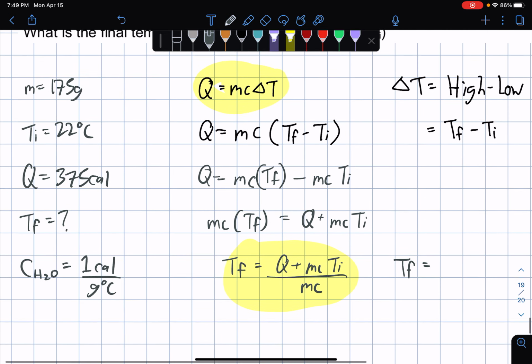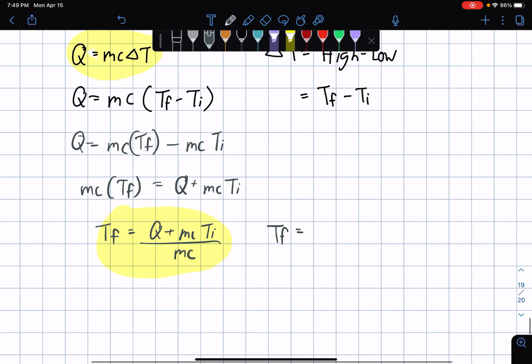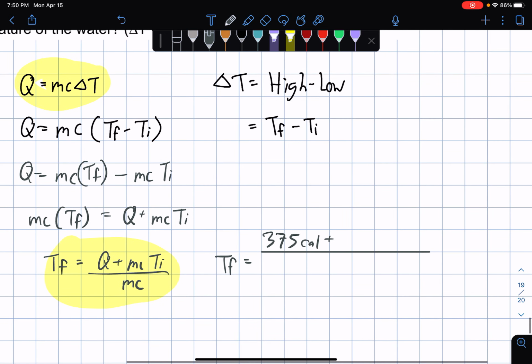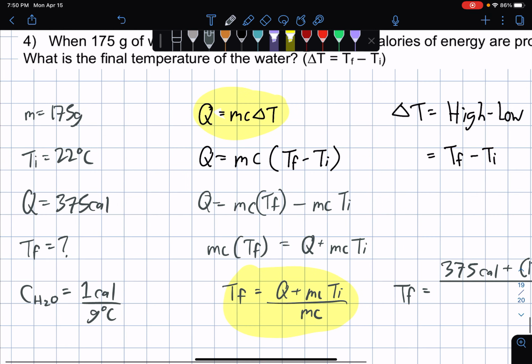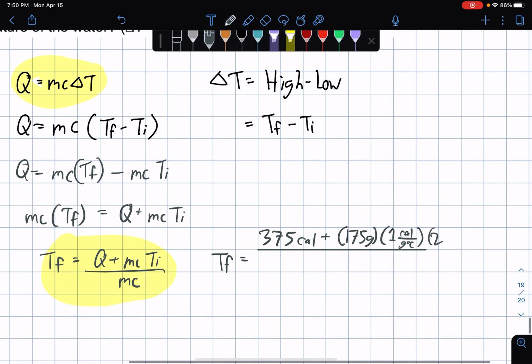So what is Q? Q is 375 calories. What's the mass? 175 grams. How about the specific heat? 1. How about the initial temperature? 22 degrees Celsius.